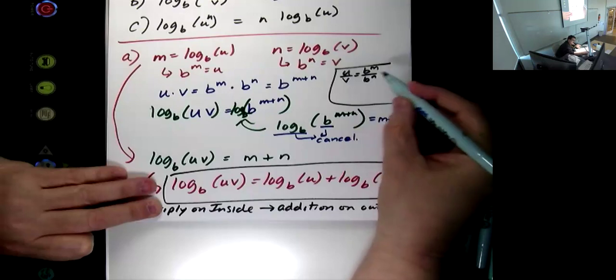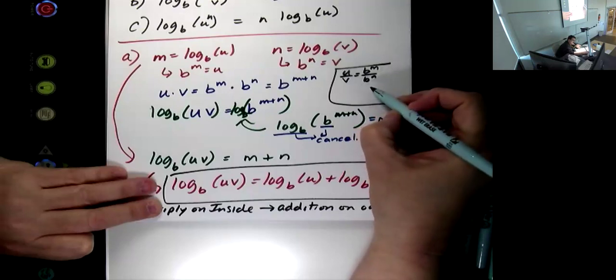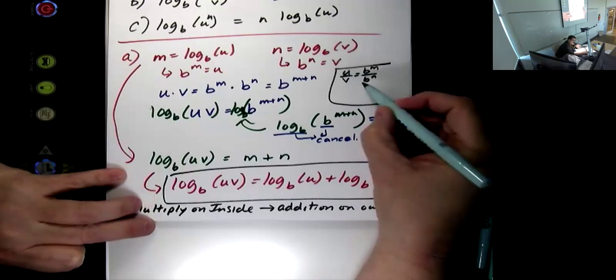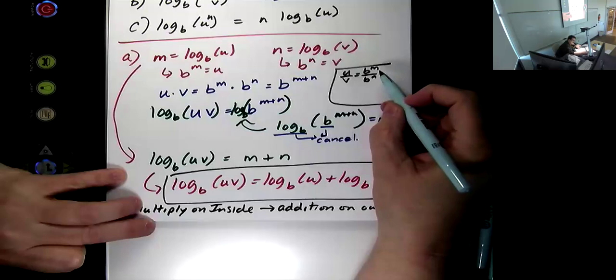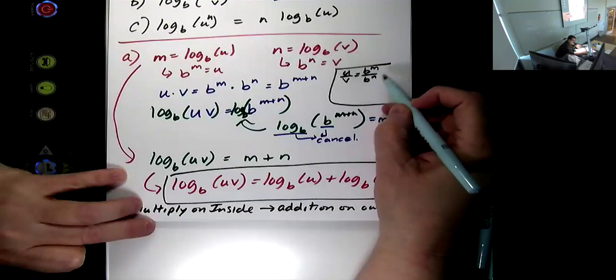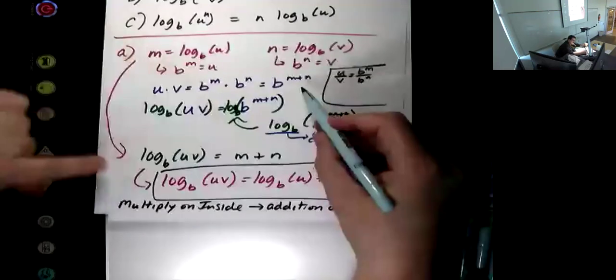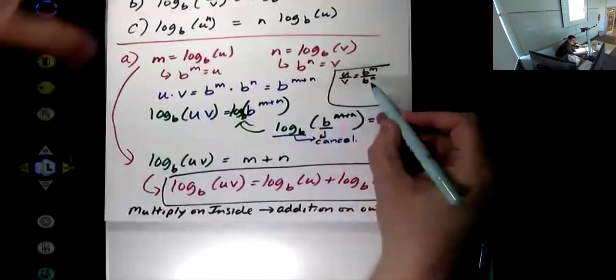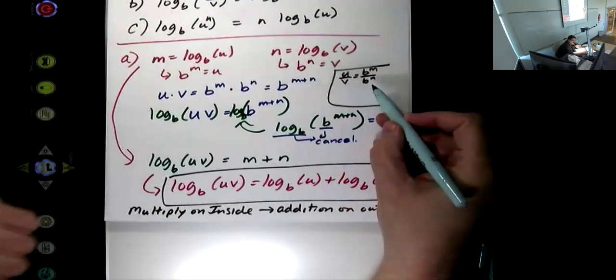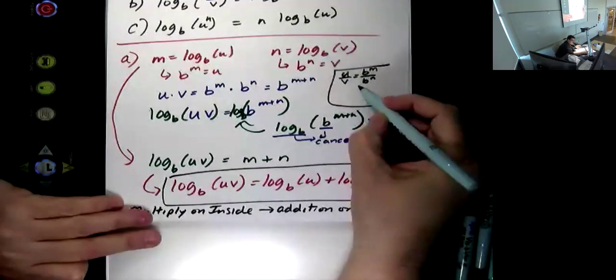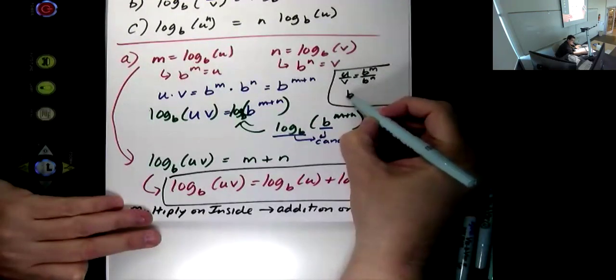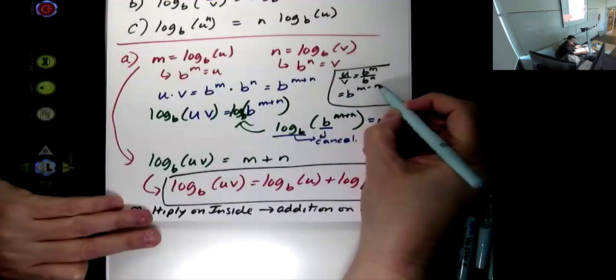And how do those combine? We have the same base, so we have exponent rules. Do you remember what they are? It is subtraction. That turns into m minus n.